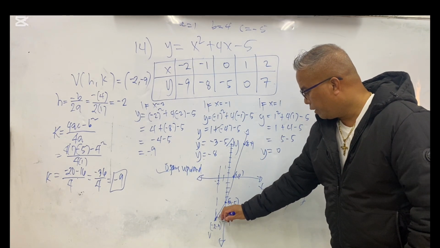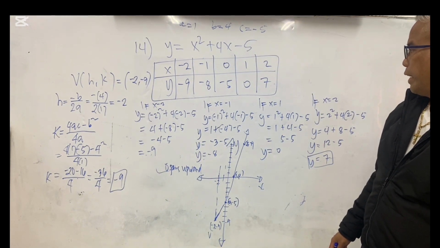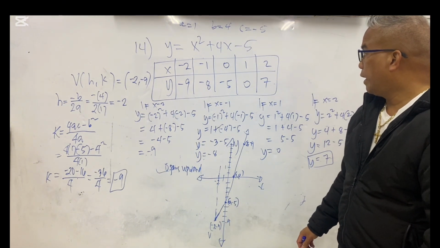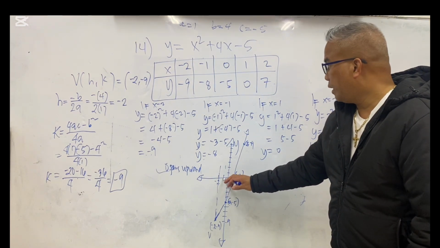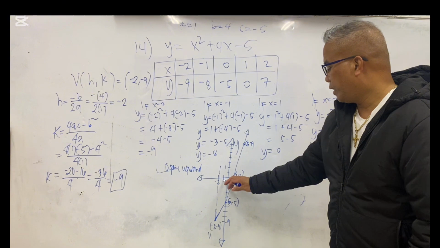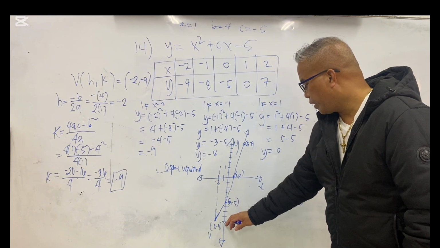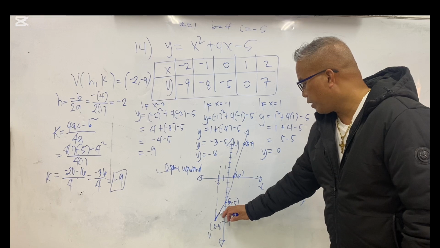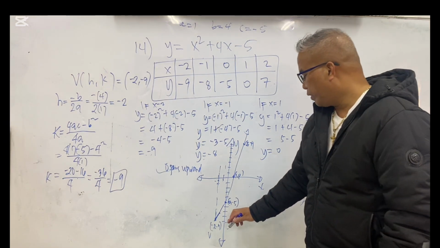And then the other half will be negative 1, negative 8. Negative 1, then negative 8 is somewhere here, since this is negative 9. And then negative 2, negative 9 is the vertex.